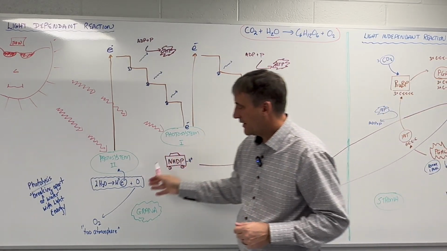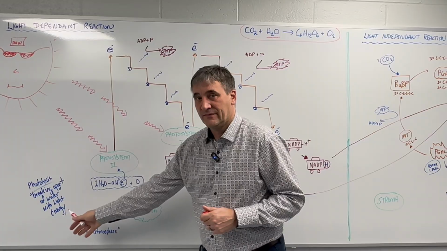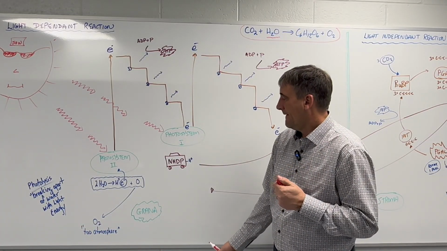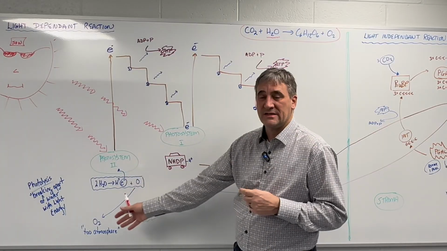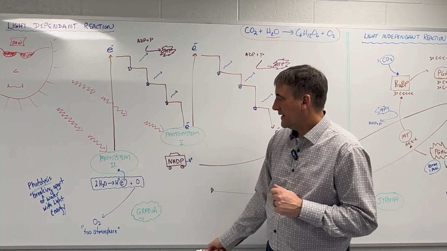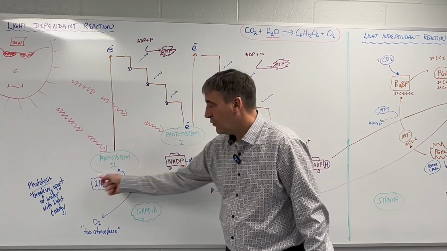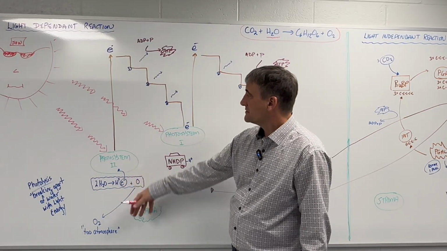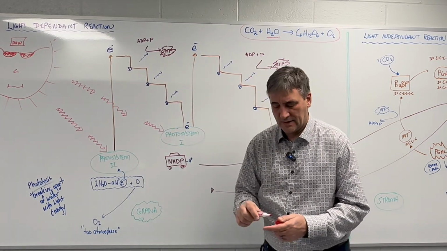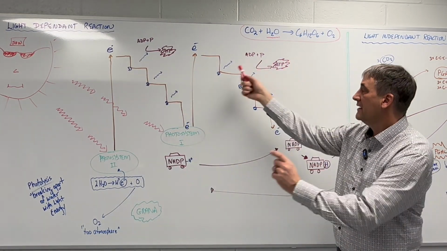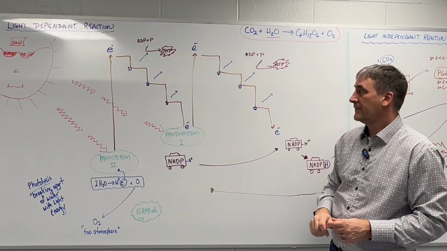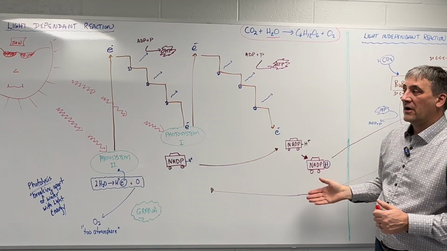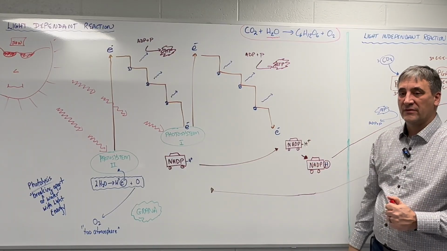And the waste product is oxygen, which to us isn't really a waste because we use it. But to the plant, it doesn't need that oxygen. Okay? The source of oxygen is water, which is kind of cool. And water is also the source of the electrons that keep getting excited so that we can create this little energy storage molecule. Now that ATP and NADPH that we created are going to be used to further the process along.